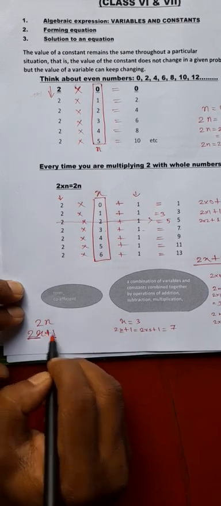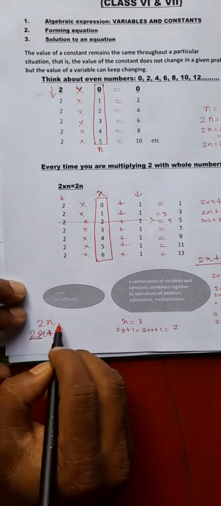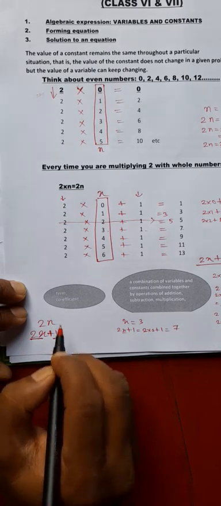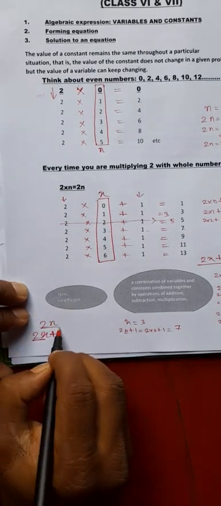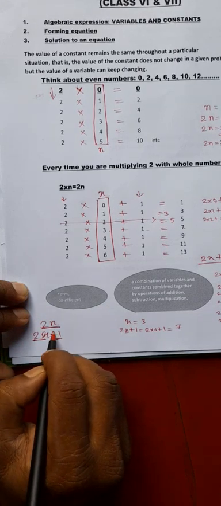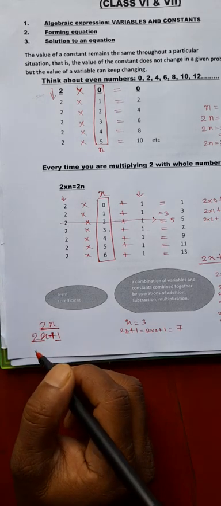It might be a sum of two terms, it might be a single term. Later on, in the case of polynomials, we'll call a single term, only one term, a monomial. If it contains two terms, we call it a binomial. Later on we'll discuss these things.